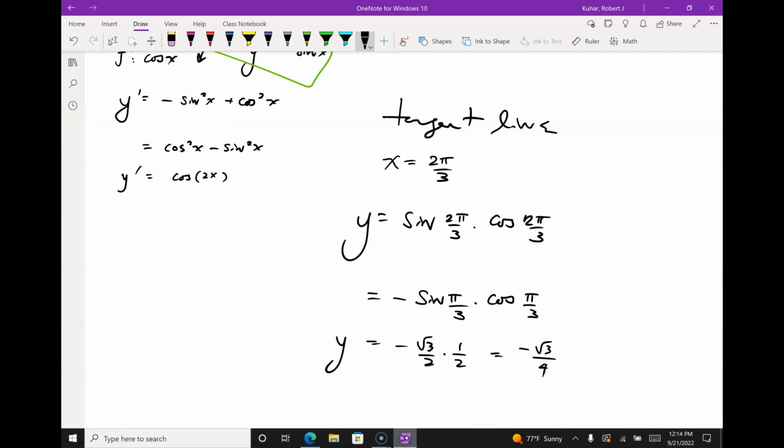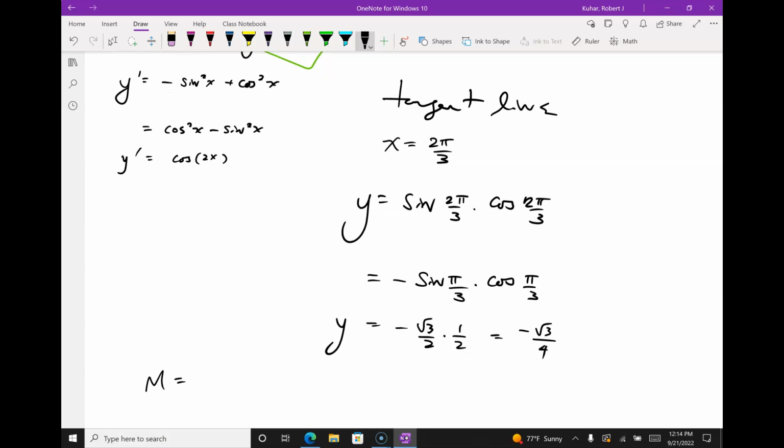All right, we need a slope. Where do I get my slope from? In the derivative, right? So cos of 2 times 2 pi over 3. So that's cos of 4 pi over 3. Of course, cosine at 4 pi over 3 is negative. Cosine is an x value, right?